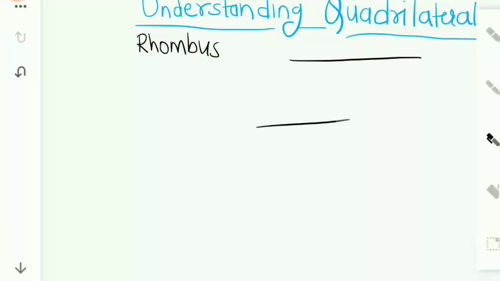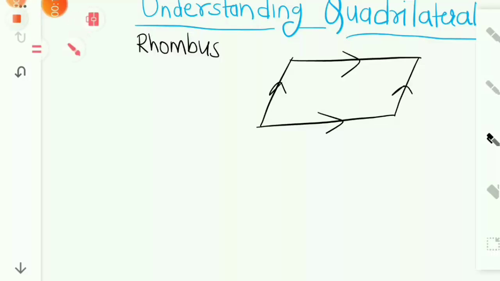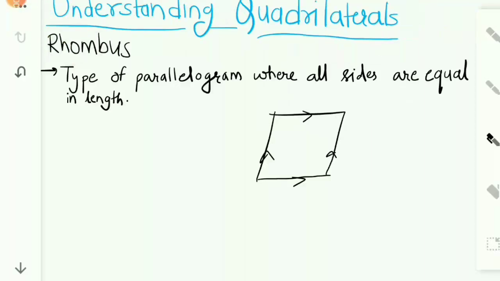We know a parallelogram is a quadrilateral whose both pairs of opposite sides are parallel and equal in measure. Now, this rhombus is a kind of parallelogram where all four sides are equal in length.